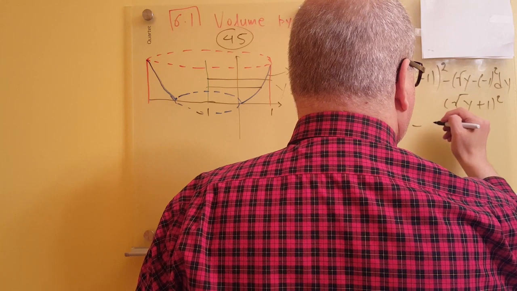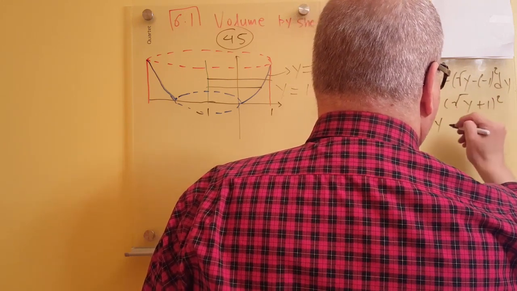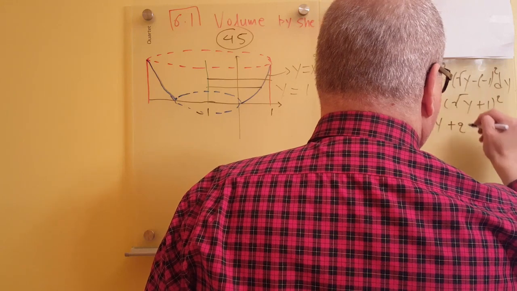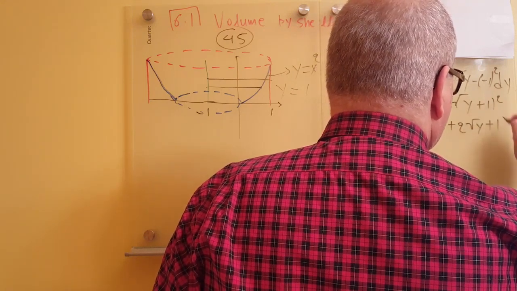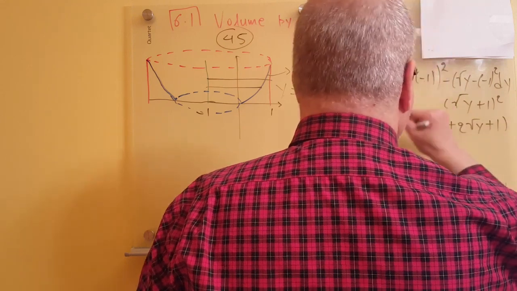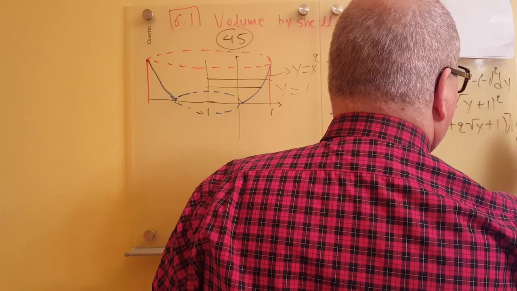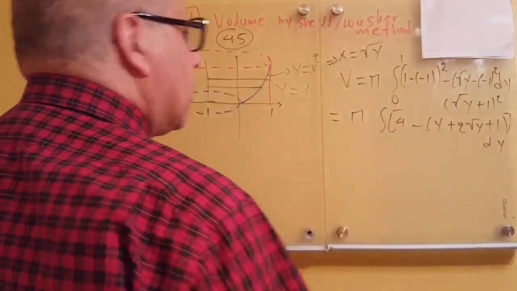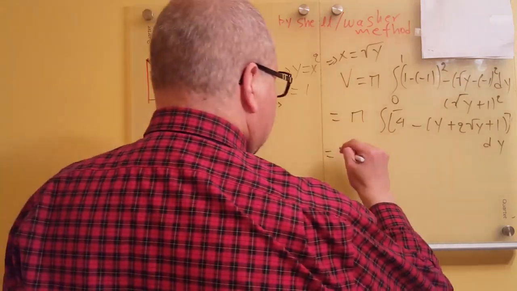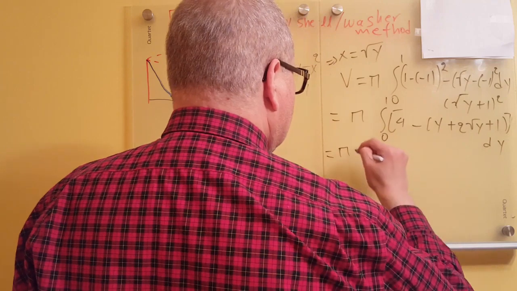So that's the square root of y squared, which is y, plus 2 square root of y times 1, plus 1 squared, so plus 1. Then of course all this has to be with respect to dy, I write it here. And of course the limits are from 0 to 1.